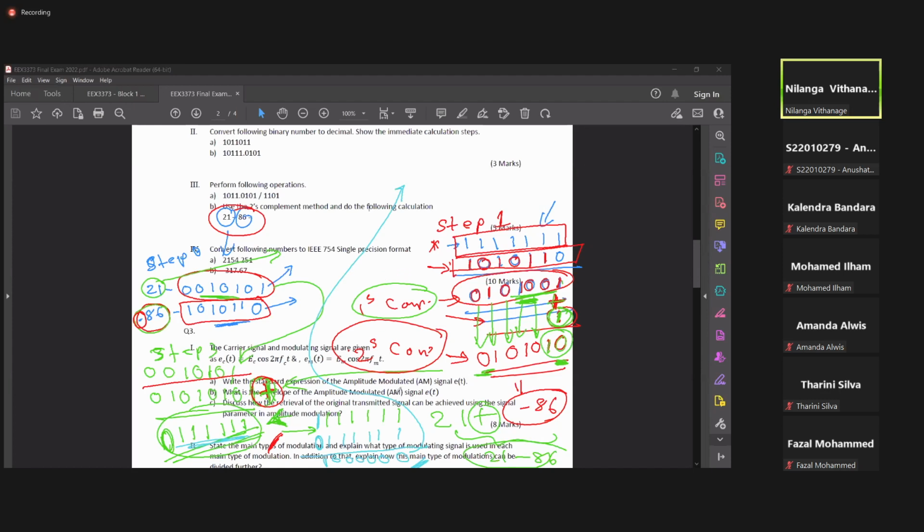So since this is a minus value, you have to take this value, like, shall we take 3 4 5 6. Oops.